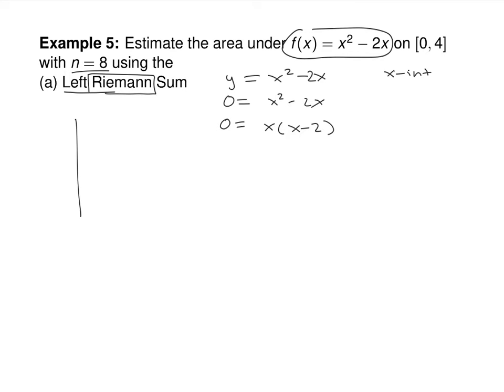So where does that graph cross the x-axis? 0 and 2. And I'm pretty sure when you input 1, you get -1. You input 3, you get something up there. But it does give you the gist of what the picture looks like. You know it's a happy parabola, so it looks about like that.